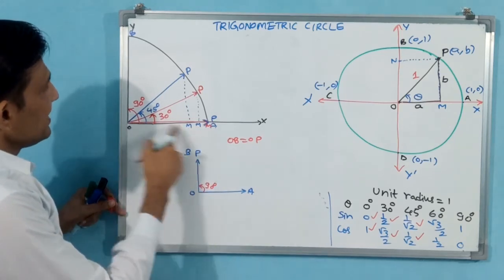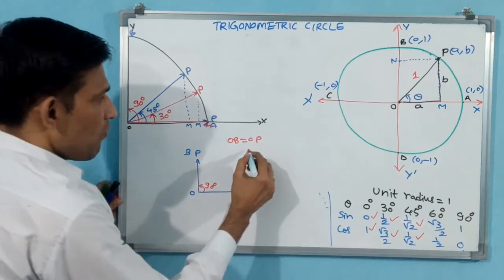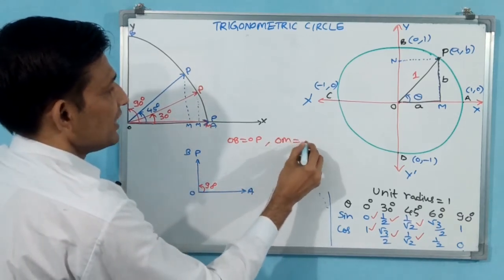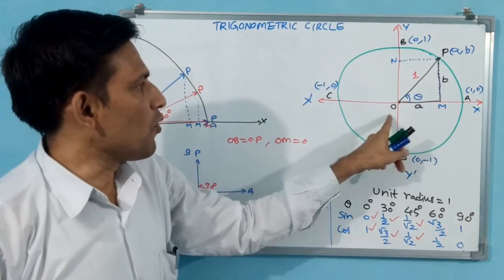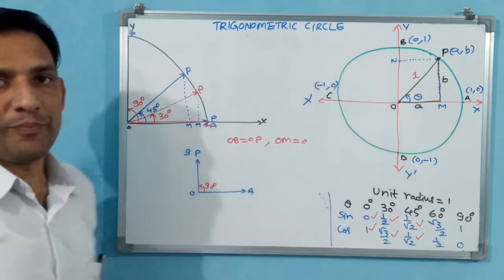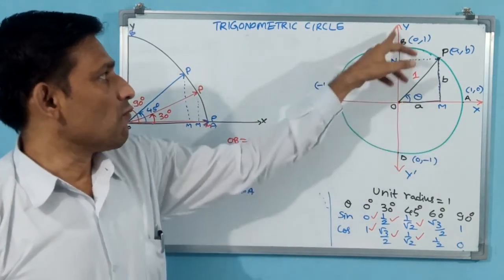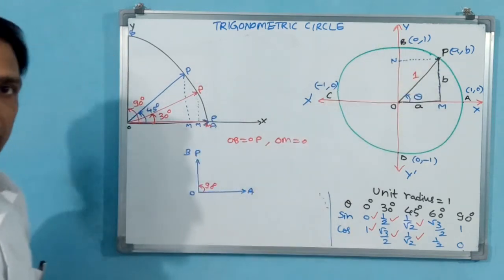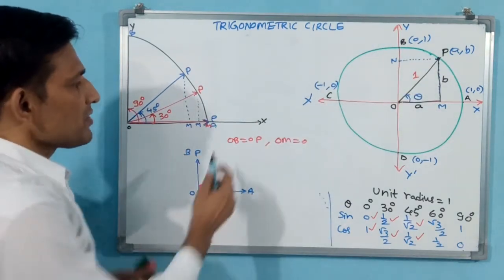Then at 90 degree, this M is going to touch O. Then OM is going to become 0. You understand, na? This M, O. When at 90 degree, automatically X coordinate is going to become 0. When at 90 degree, OM is going to become 0. OB is going to become OP. Okay? Full. Let me write OB is equal to OP.